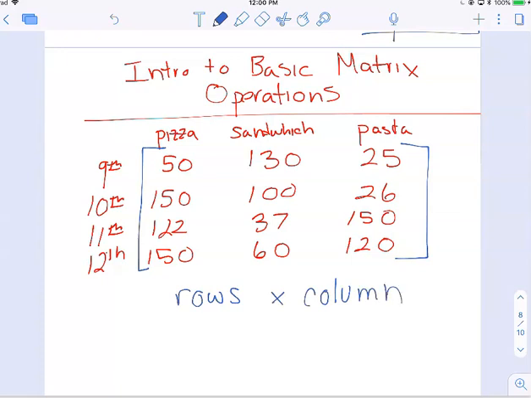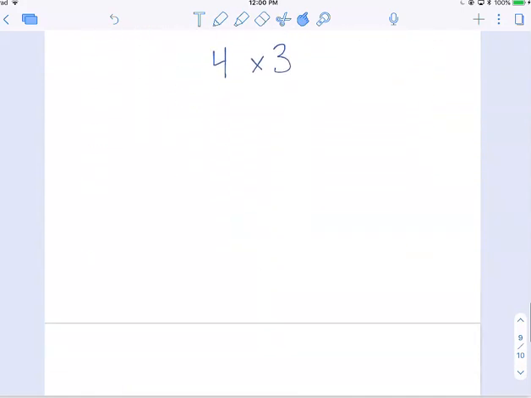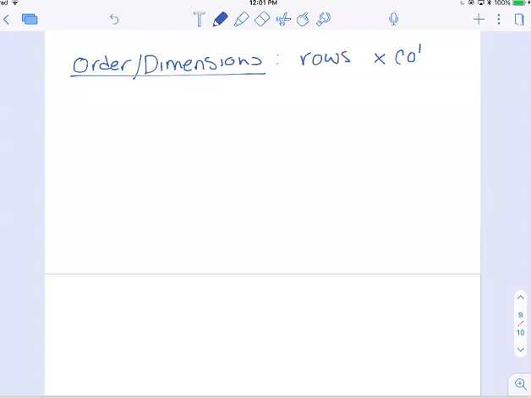So this matrix, we would say it's a 4 by 3 matrix. 4 rows, 3 columns. A lot of times you will see that called the order or the dimensions of a matrix. And all that is, it's the rows by columns.